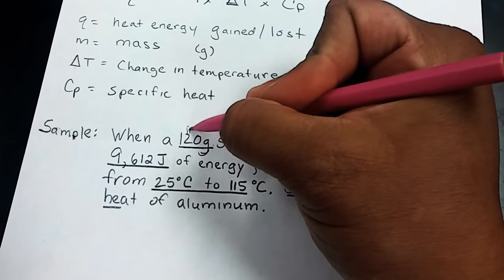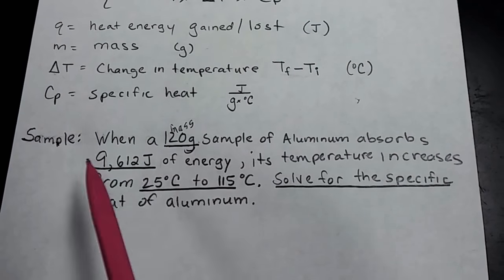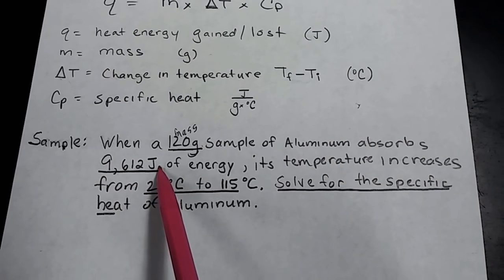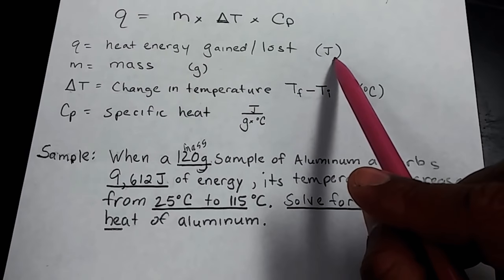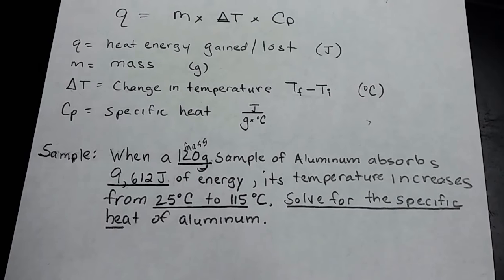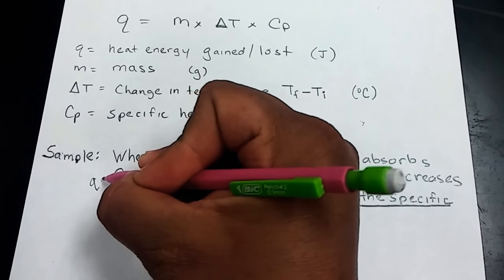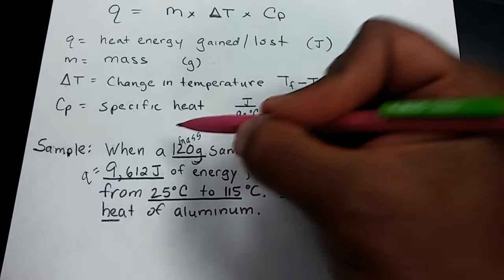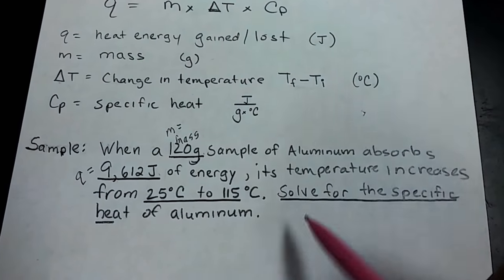So you can even indicate in the problem that's your mass. Of aluminum absorbs 9,612 joules. Joules, which should also be in your notes, stands for Q, which is heat energy. So that's going to be my Q. And then instead of mass, I can just say this is my M.